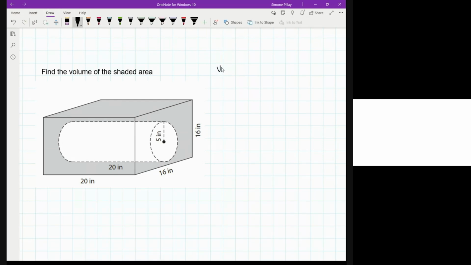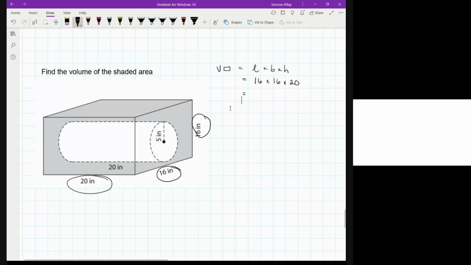If I want to calculate the volume of this rectangular prism, it's going to be length times breadth times height, which is going to be 16 by 16 by 20. So 16 times 16 times 20. Let me know, what are we getting for the volume of this rectangular prism? 16 times 16.